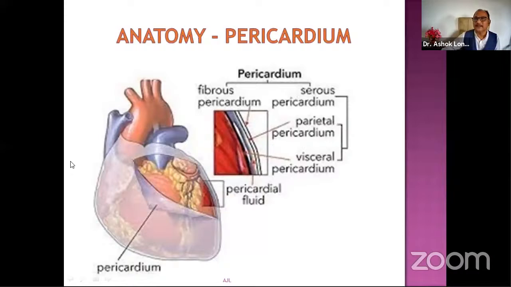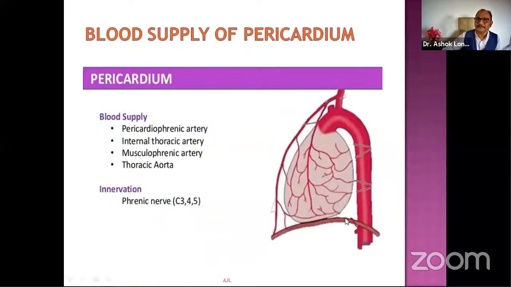Then the pericardium. This pericardial fluid itself we consider as avalambaka. There is fibrous pericardium, serous pericardium, parietal pericardium, and visceral pericardium. The blood supply of the pericardium is the pericardiophrenic artery, internal thoracic artery, musculophrenic artery, and thoracic aorta, and innervation is by the phrenic nerve.